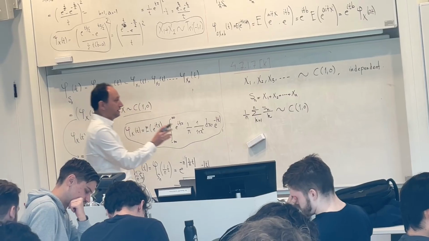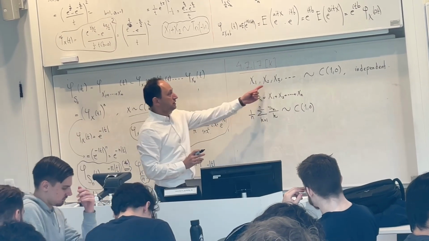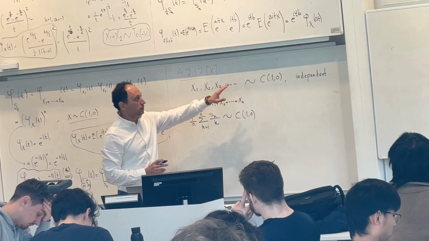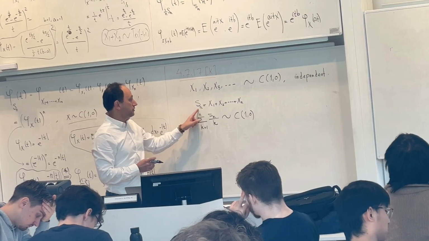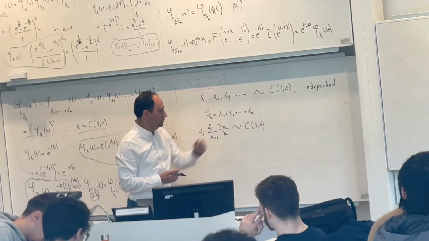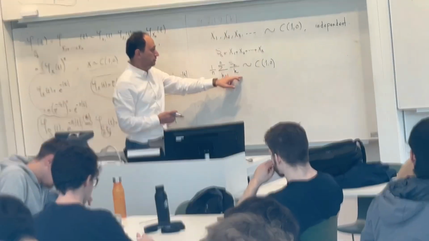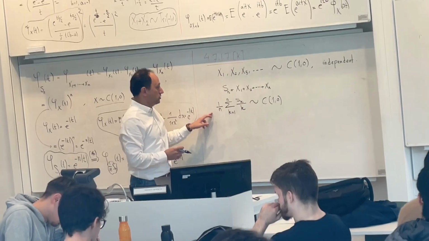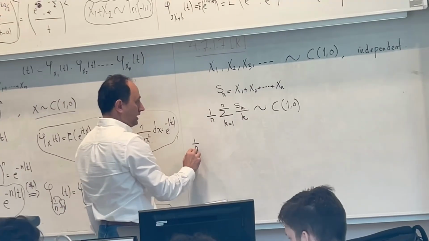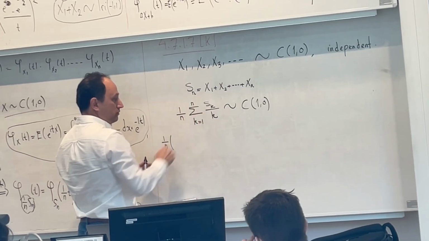So let me give you a little bit of time to digest the problem. So is that clear? I have a sequence of Cauchy distributed random variables. All of them are independent. I define Sn as a partial sum, the sum of the first n terms. And then I make up a new random variable in this way. If you want a better understanding of what it means, you have 1 over n, the average of these.